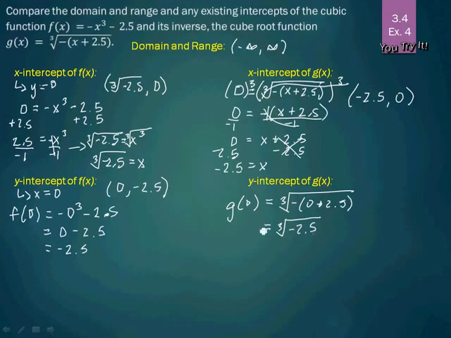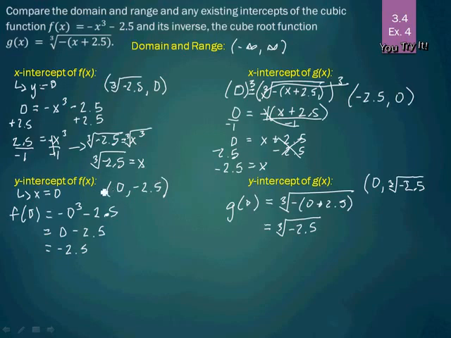Okay, and so our intercept here will be 0, cube root of negative 2 and 5/10. So notice here that the y-intercept of g of x equals the x-intercept of f of x, and the x-intercept of g of x equals the y-intercept of f of x.